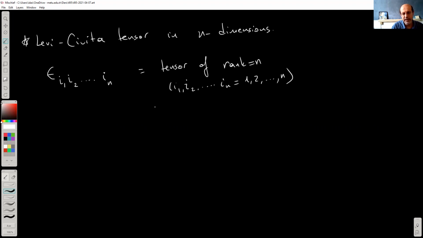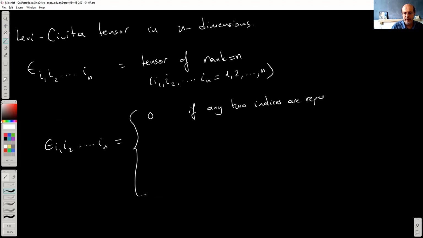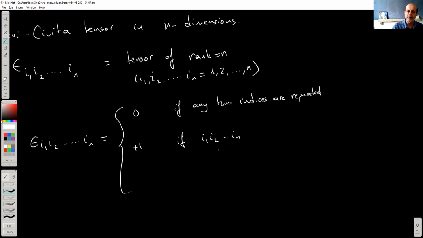Some of them can be repeated, but in any case, the value of the Levi-Civita tensor, epsilon I1, I2, dot, dot, dot, In, is, let's start with 0, if any two indices are repeated, and plus 1 if none of the indices are repeated, so this sequence is a permutation of 1 to n, and this sequence is obtainable by an even permutation of 1 to n.